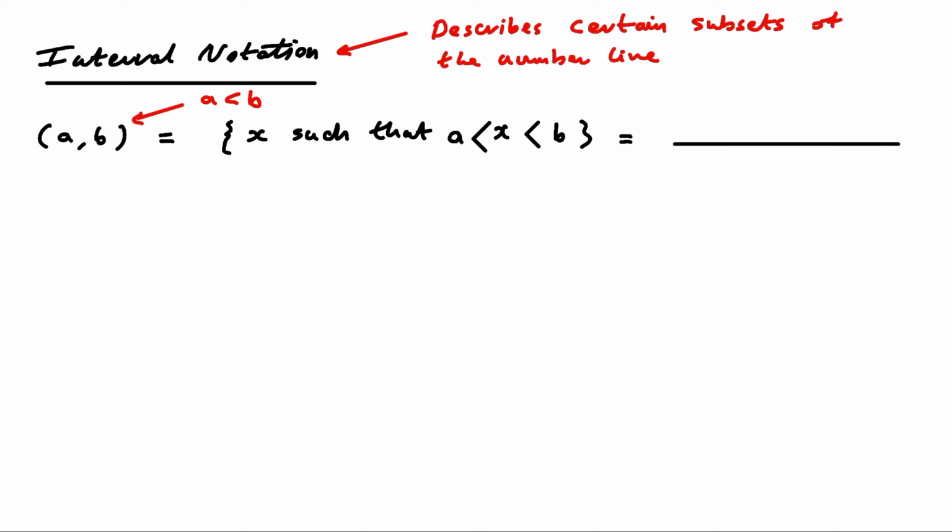So we'll take our number line. What have we got? We've got my A and we've got my B. So let's do this kind of in a fancy way.